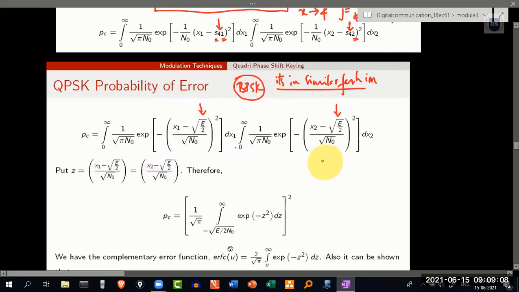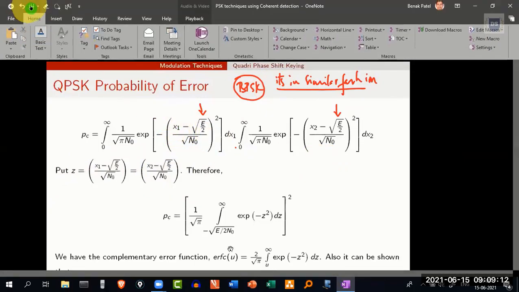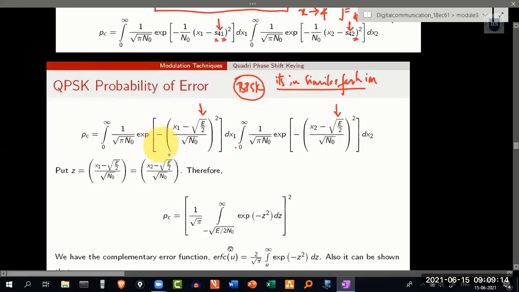All I'm trying to do is equate this term over here to a variable z, and we'll be repeating the same procedure by which I got to change the limits. After substitution, this entire thing reduces to this.